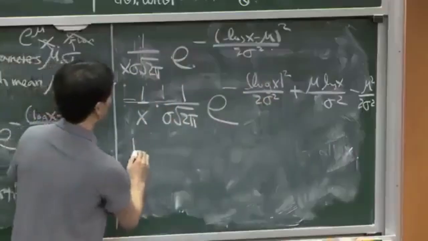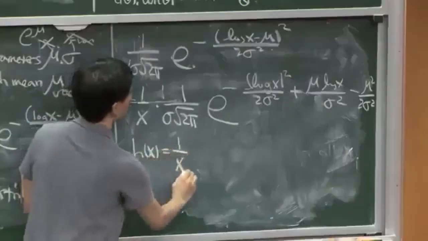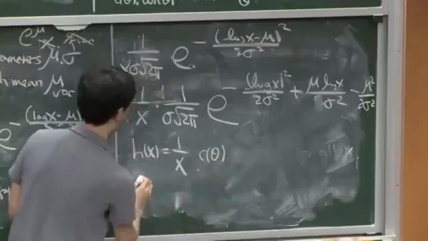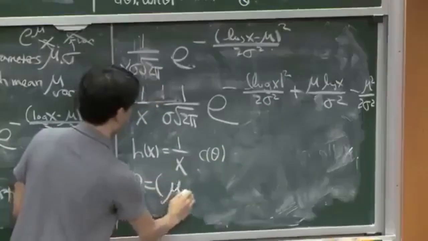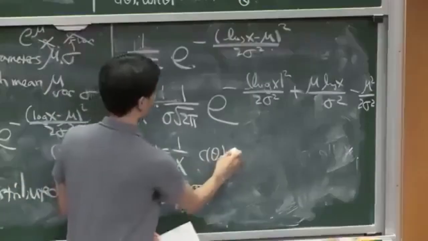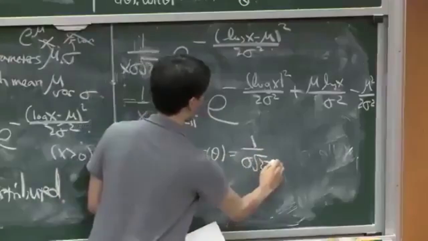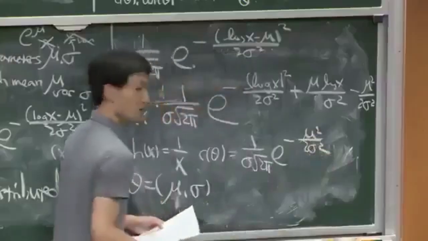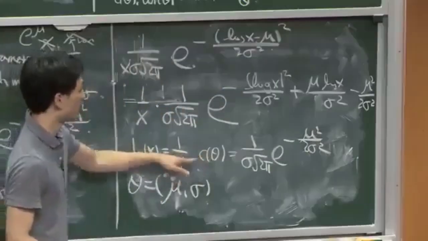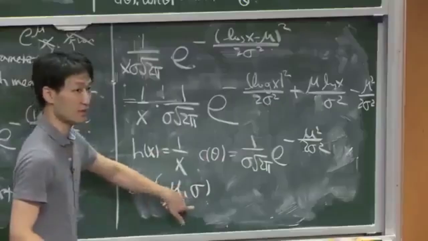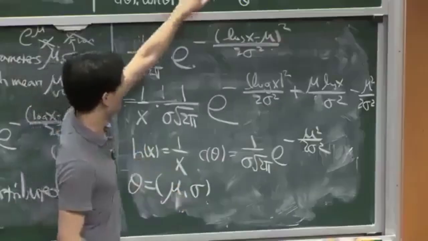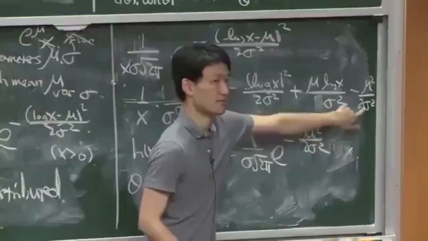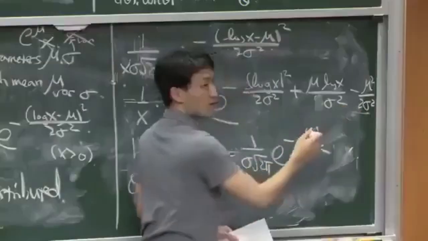To write it like that, set h of x equals 1 over x. Theta equals (mu, sigma). C of theta is equal to 1 over sigma square root 2 pi times e to the minus mu squared over 2 sigma squared. So you parameterize this family in terms of mu and sigma. Your h of x here will be 1 over x. Your c of theta will be this term, because it doesn't depend on x.